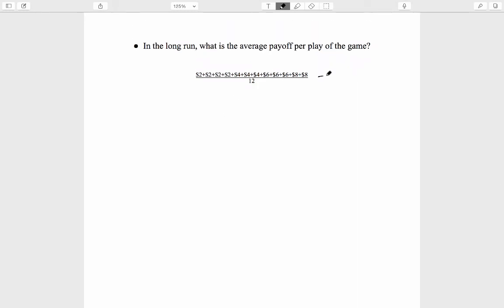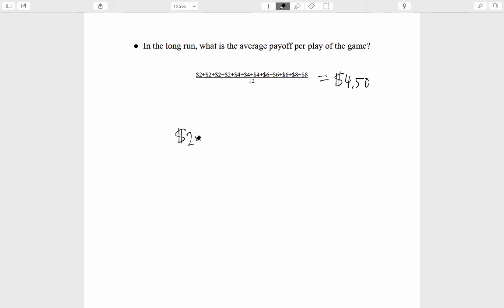In the long run, what is the average payoff per play of the game? Now that we have our ideal data set of payoffs, we just average them, add them all up, and divide by 12 to discover the average payoff per play of the game. This turns out to equal $4.50. It makes it much easier to write out this expression if we group all the common values together.